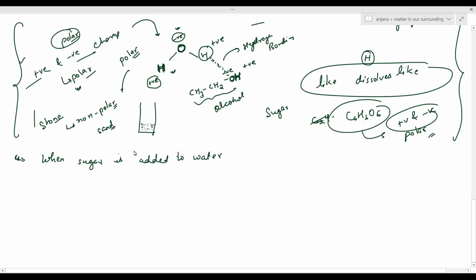Now, what is happening here is exactly that we will write. Both sugar and water are made up of small particles.